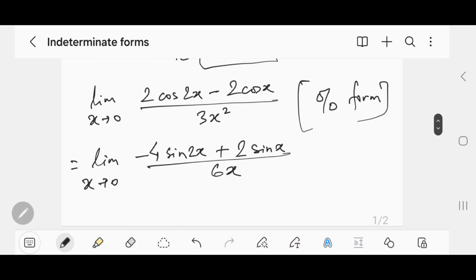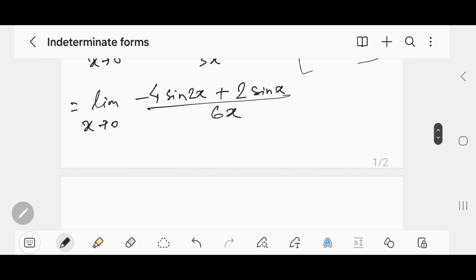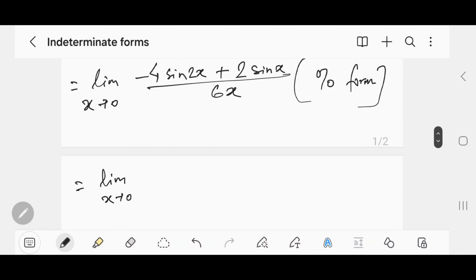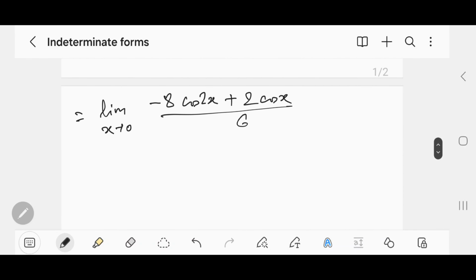Now this is still in the form of 0 by 0 form. So again use the L'Hopital rule. Limit x tends to 0. Sine derivative is cos. So this is minus 8 cos 2x plus 2 cos x divided by 6.